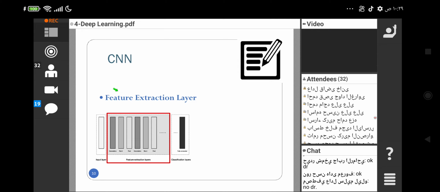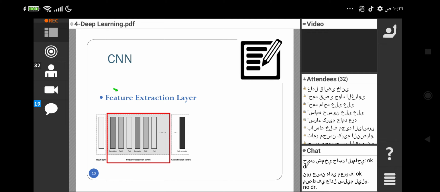Do you remember I said that in the data that we have in data mining, we have some inputs and outputs? The inputs are the features. Feature extraction means that we want to set up the inputs. We want to build the inputs. We want to create the inputs.